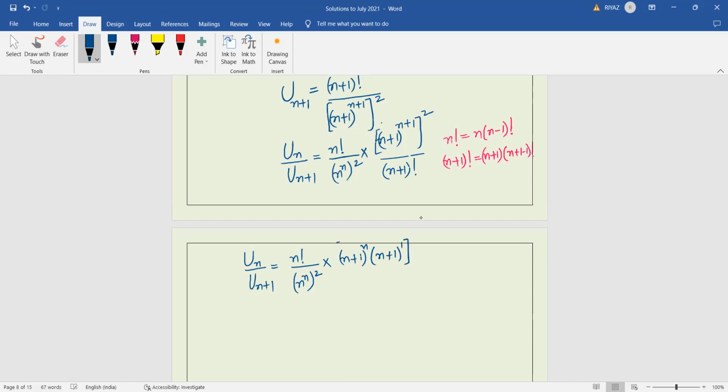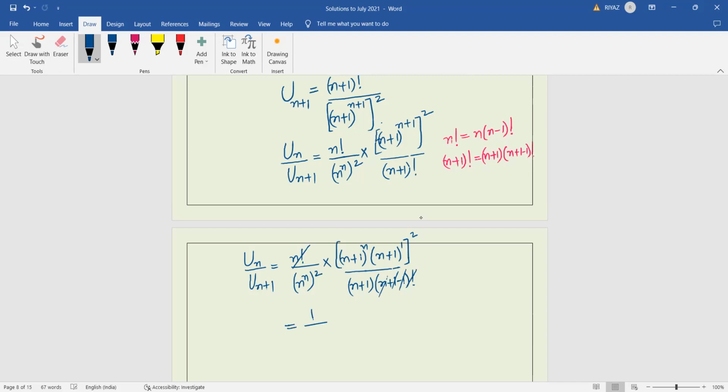We can split the terms, since bases are equal and powers should be added. Divided by, we apply the formula: n plus 1 into n plus 1 minus 1 factorial. So plus minus cancel, and n factorial cancels with this n factorial also.